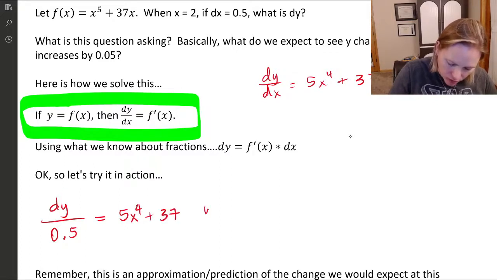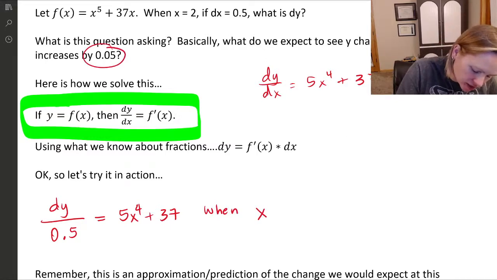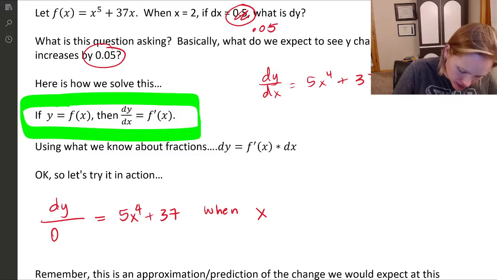Oh, look, I did have a little typo. We're going to change that to 0.05. There we go. That's a more reasonable amount to see a change in.